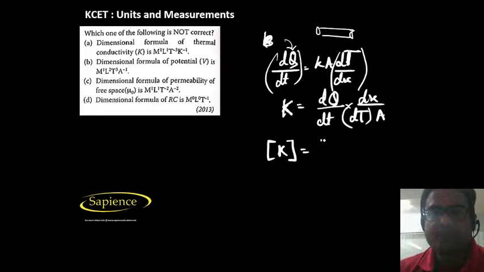So that will be force into displacement, which is ML T power minus 2 into L squared, and then dx is the length, so that is L, and dt is the time interval.